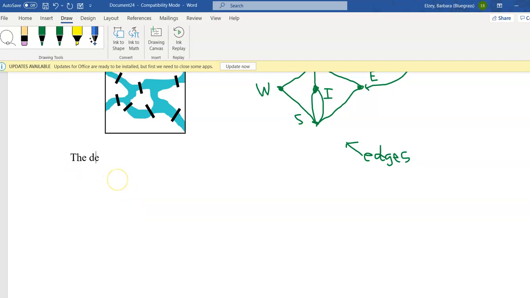So the degree of a vertex is the number of edges coming out of it. For example, S up here, let's notice that S has 1, 2, 3, 4 edges coming out of it. So it has degree 4.